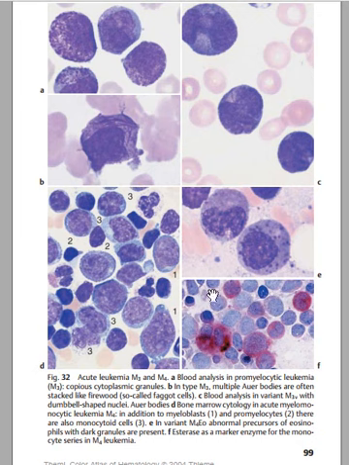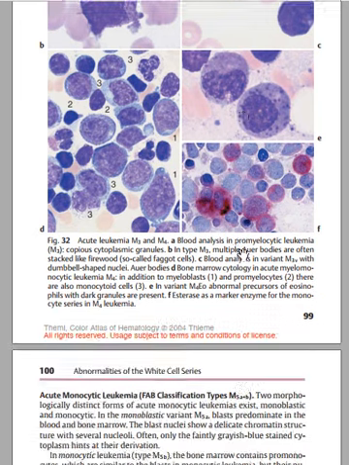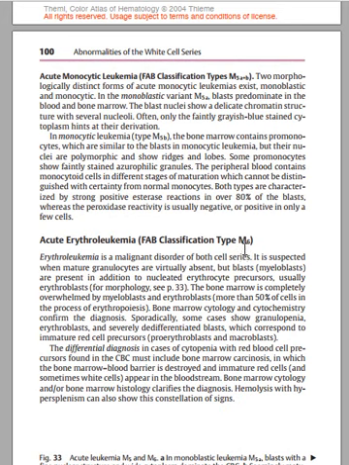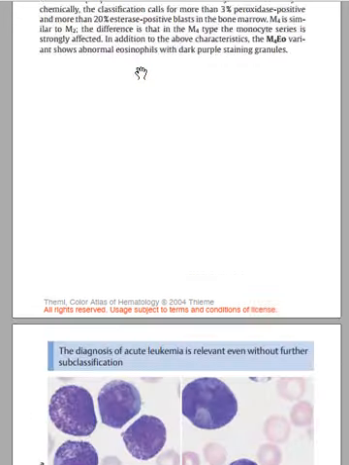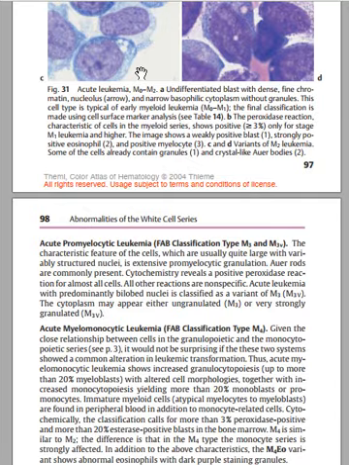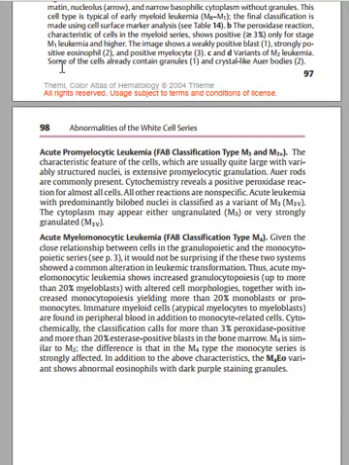And then in diagram E, you can see other different morphologies of that. So you have different classifications of acute myeloid leukemia. Acute myeloid leukemia can exist as an acute promyelocytic leukemia.